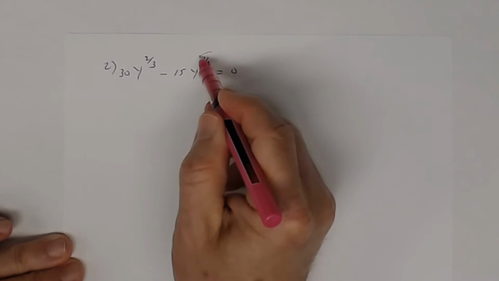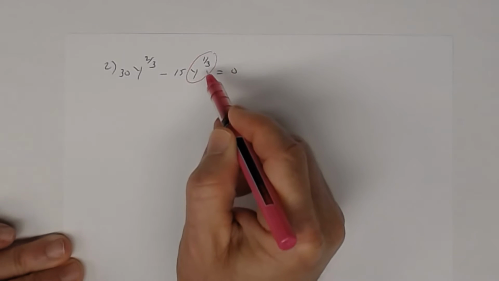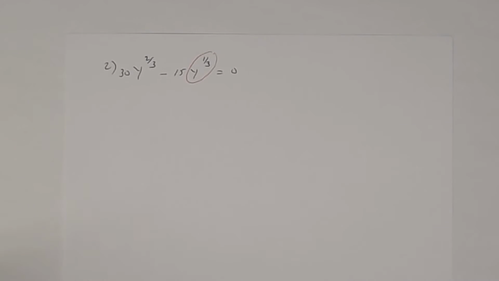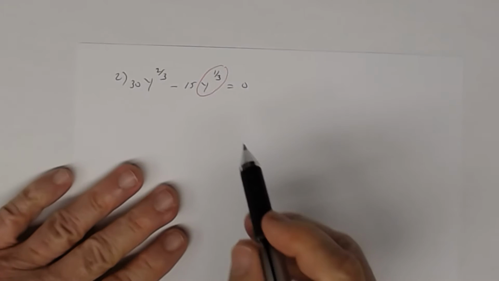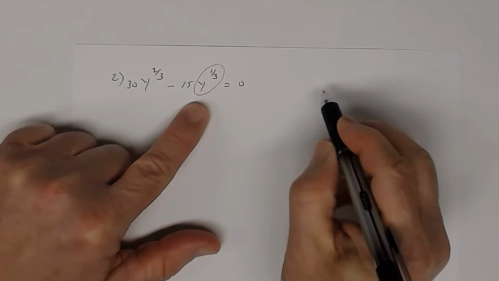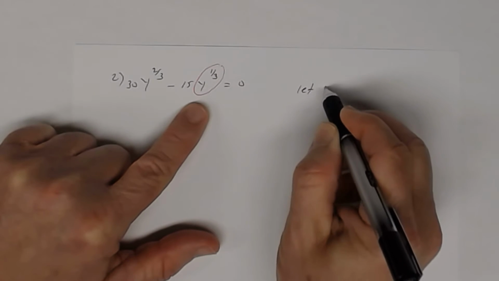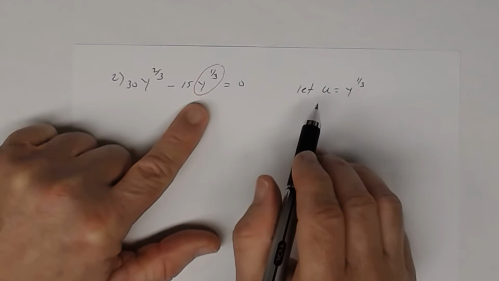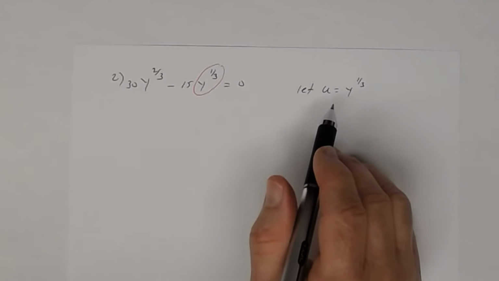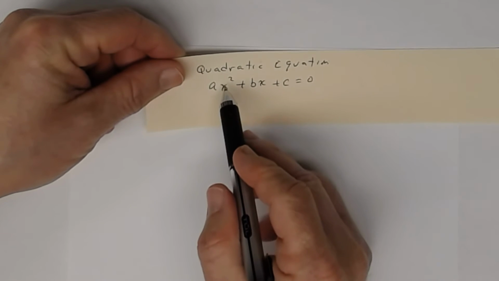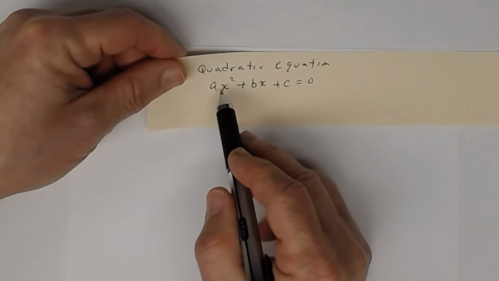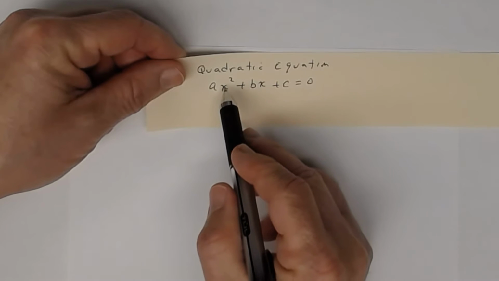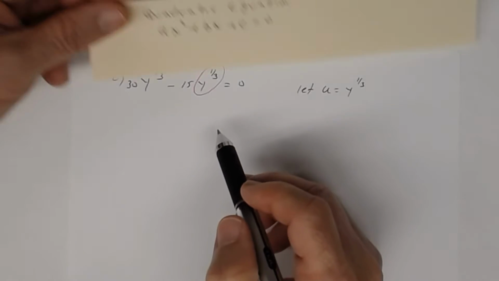Chances are if you let u equal y to the 1/3, and then remember you're trying to get a quadratic equation, right? So you want the first term to be something raised to the second power.